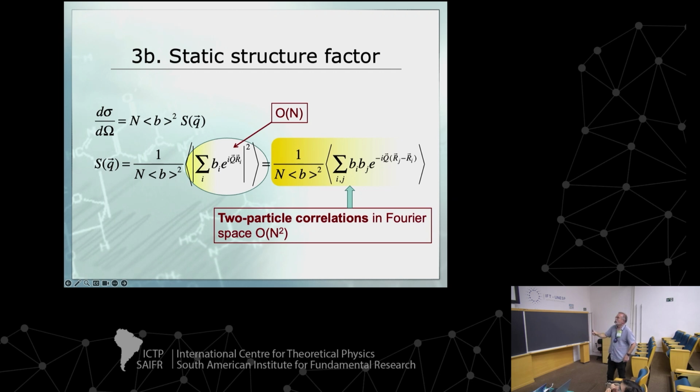And here, that's actually the static structure factor, which again, systematically, here on the left is right, on the right is wrong. There's a square missing. I have to correct all these things. And that represents, as it says there, the two particle correlations in Fourier space.